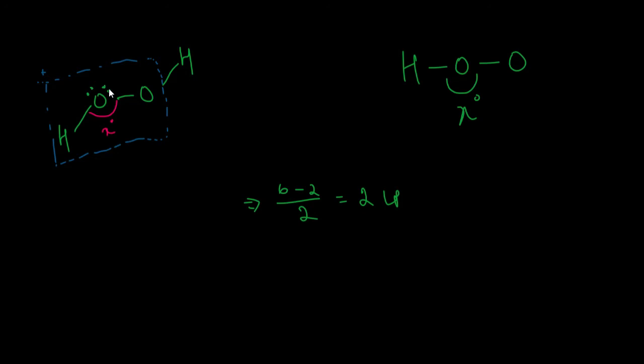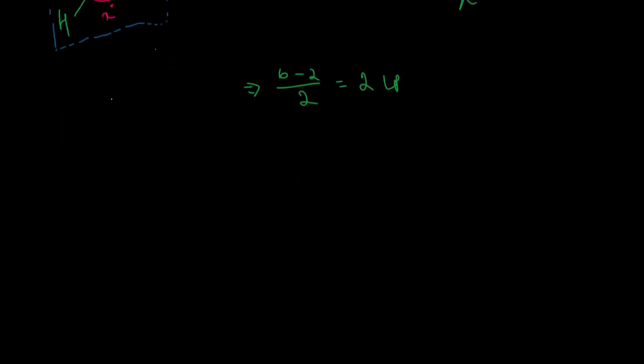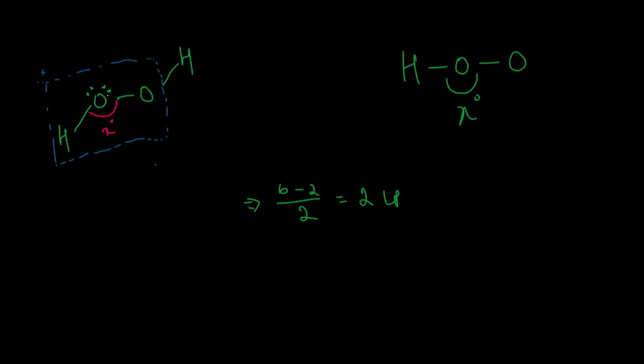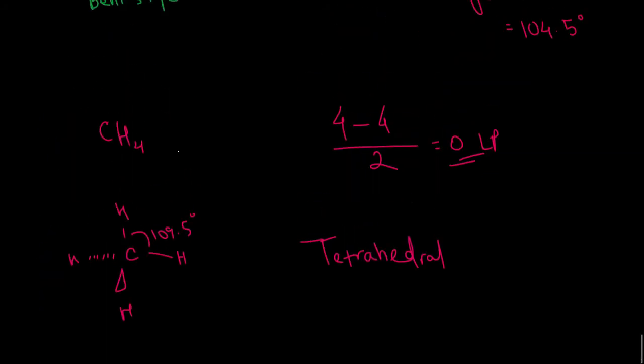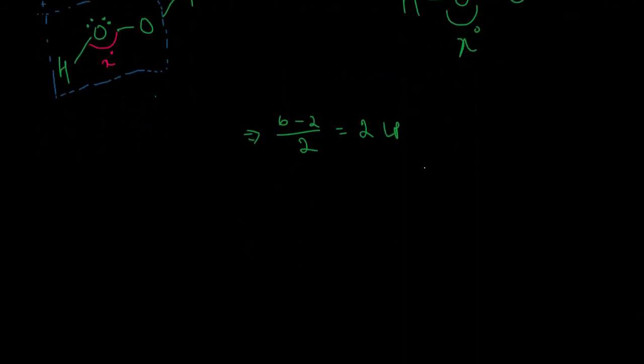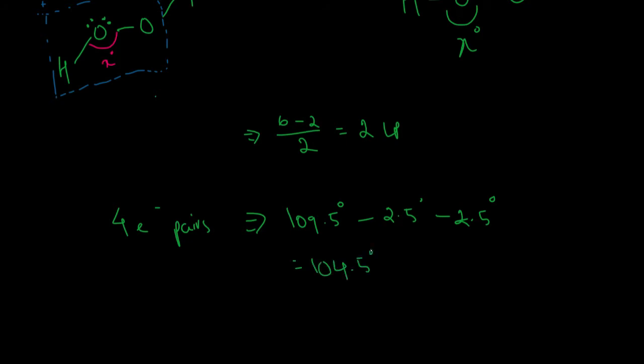So I have 2 bond pairs and 2 lone pairs, so 4 electron pairs, just like the case in water. For 4 electron pairs, the bond angle was 109.5 degrees, but I have 2 lone pairs, so I subtract 2.5 degrees twice to give me 104.5 degrees.